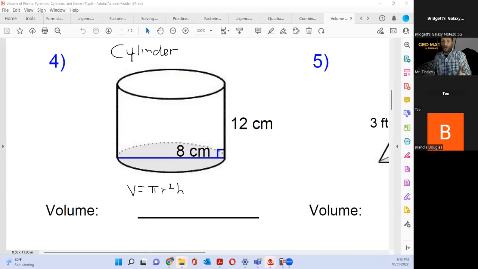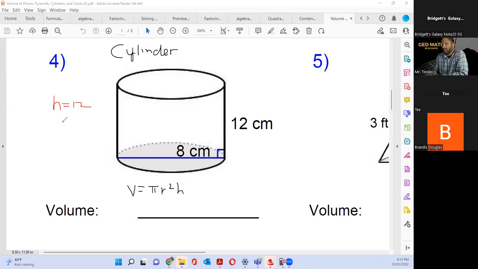What are the knowns? What are the givens? What are they giving us? Well, would they get the radius, which is 8? No, that's the first mistake you're making. What's the height? 12. The height is 12. What is this 8 right here?